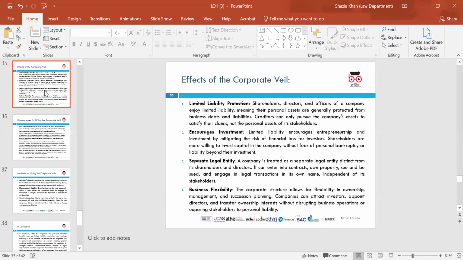Business flexibility. The corporate structure allows for flexibility in ownership, management, and succession planning. Companies can attract investors, appoint directors, and transfer ownership interests without disrupting business operations or exposing stakeholders to personal liability.